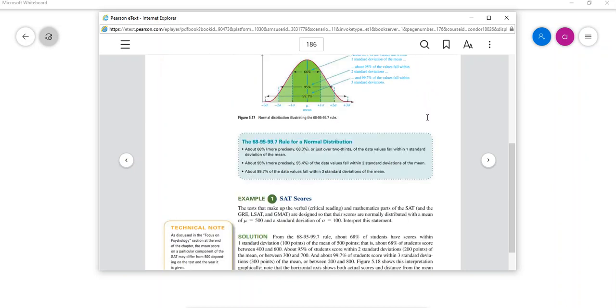So this was a good way, and it was called the empirical rule. So let me just write this. I'm going to go back here to writing and talk about this.